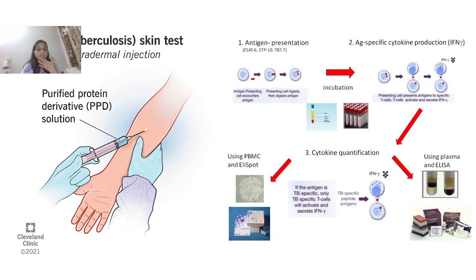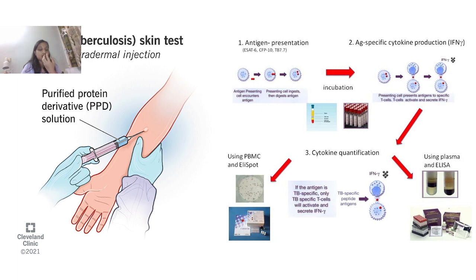So within 24 to 72 hours the doctor will come and see the site to check if there is any inflammation, and in that particular place there will be local hardening, swelling, redness around the injected area, and erythema.